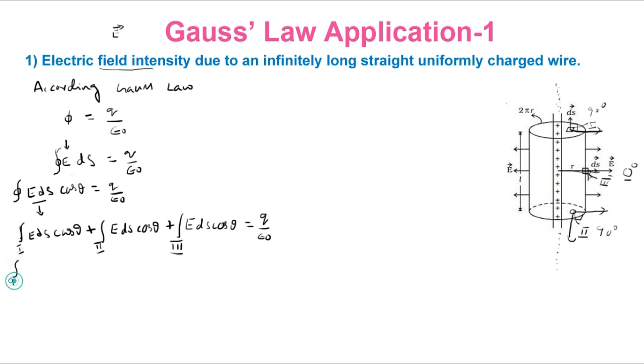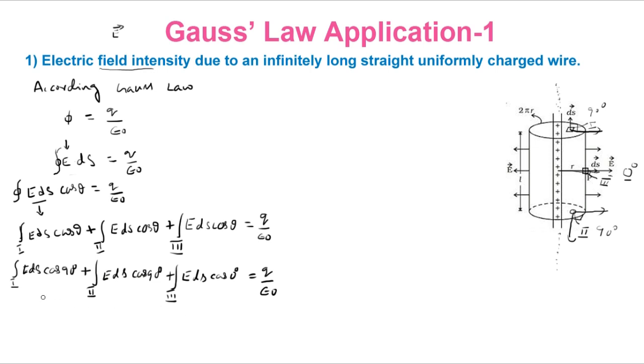The first part is E ds cos 90, plus the second part, E ds cos 90, plus the third part, E ds cos 0 degree, is equal to q by epsilon naught.